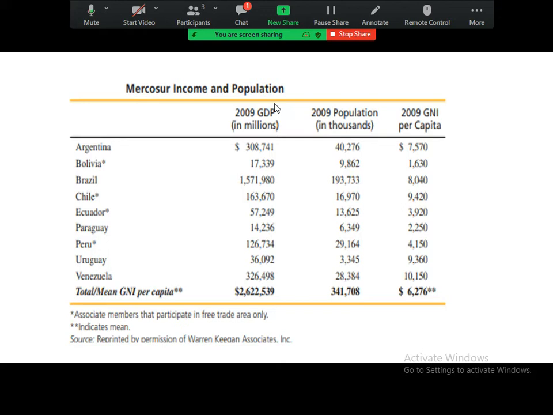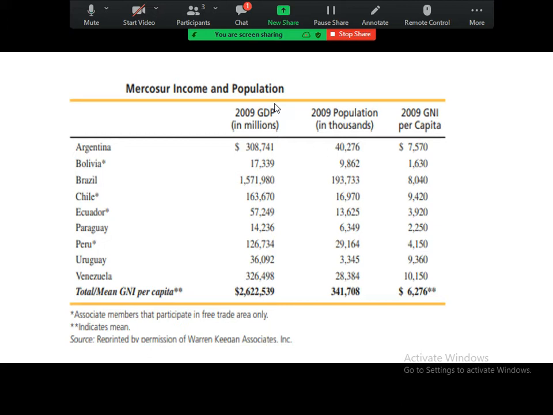Internal tariffs were eliminated and a common external tariff of 20% was established. In theory, goods, services, and factors of production will ultimately move freely throughout the member countries. Until this goal is achieved, however, Mercosur will actually operate as a customs union rather than a true common market.